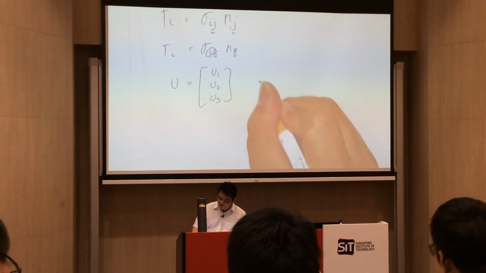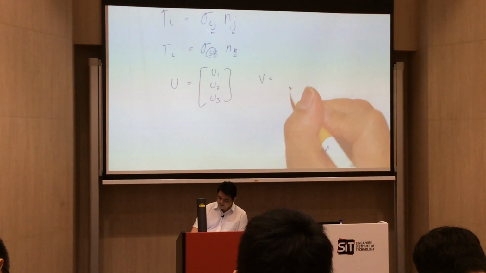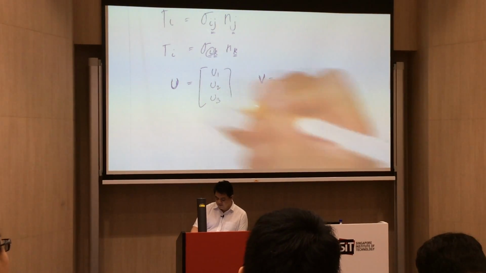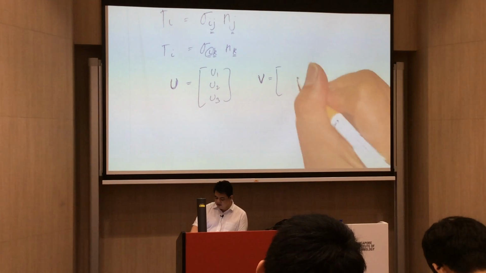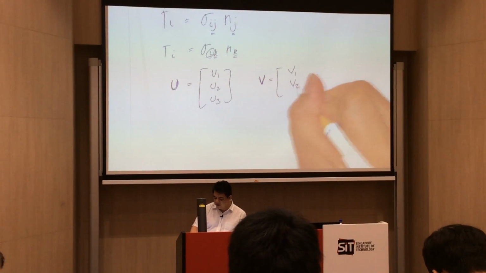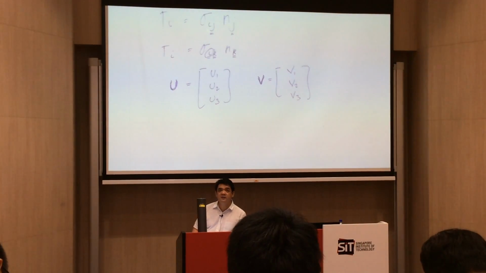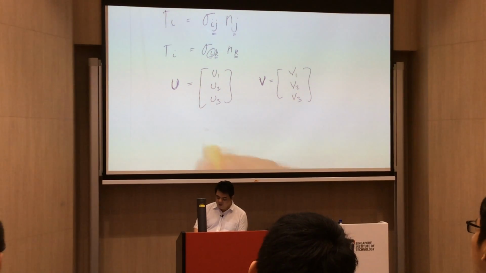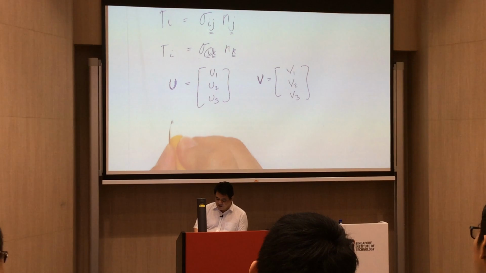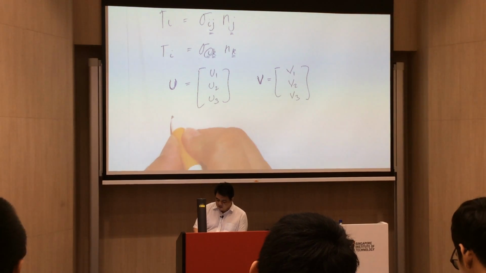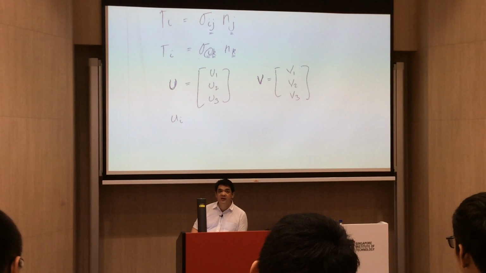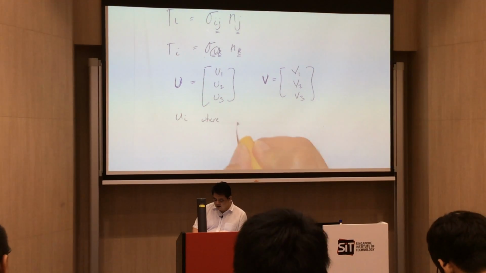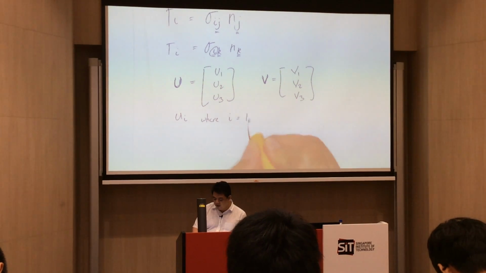And then I have another one here, V. This one is V1, V2, and V3. Now, if I'm going to write this using indicial notation, that is simply Ui, where i is equal to 1, 2, 3.